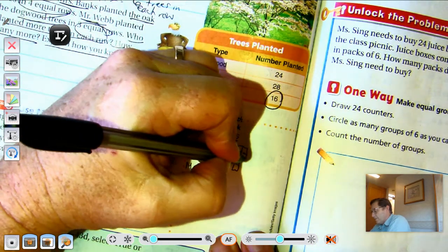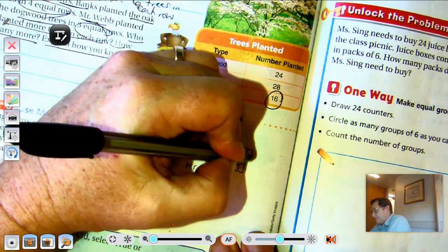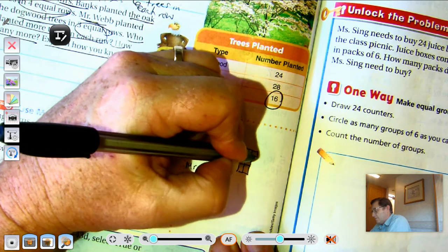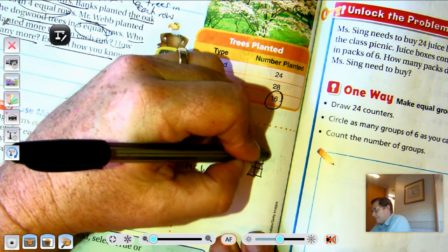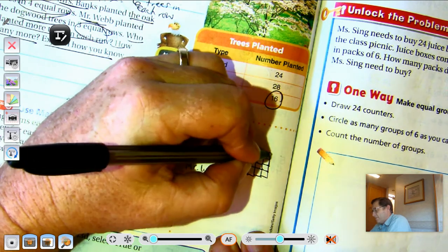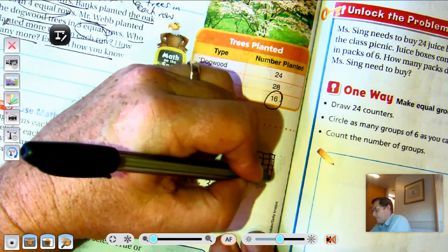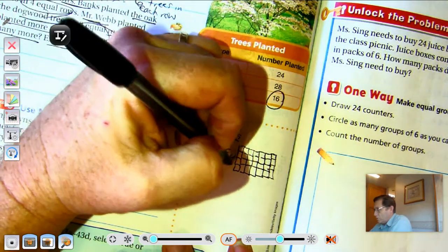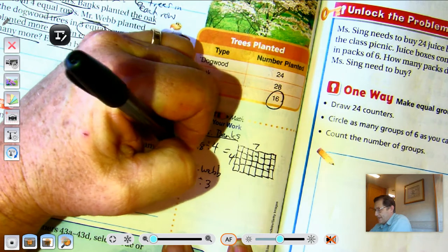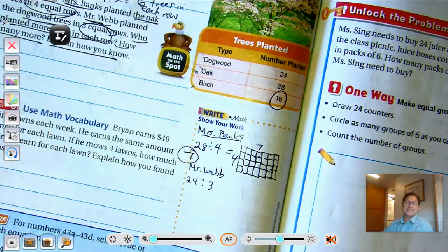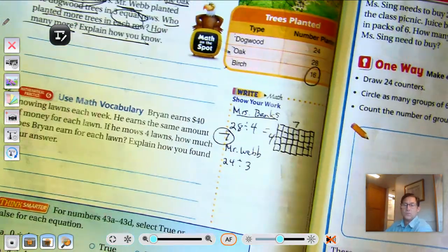So 4, 8, 12, 16, 20, 24, 28. So 4 rows of 7. All right, so Mrs. Banks planted 7 oak trees in each row.